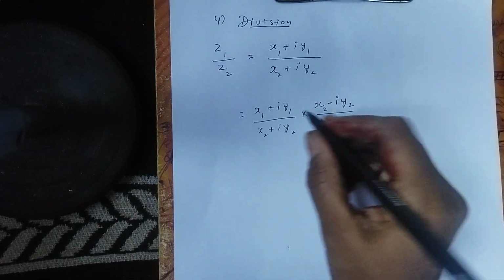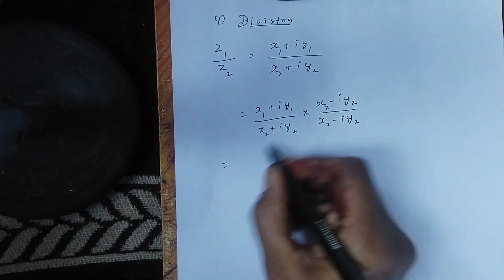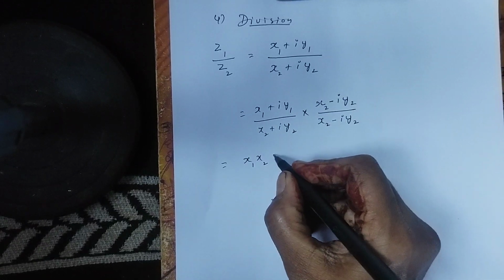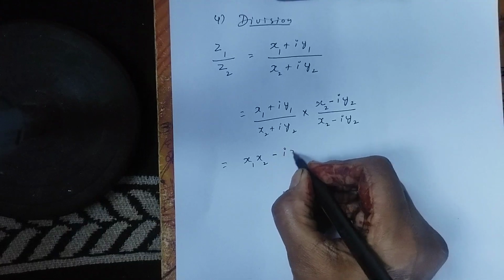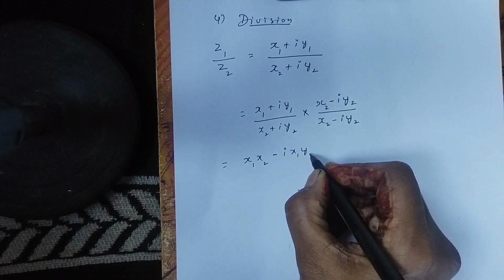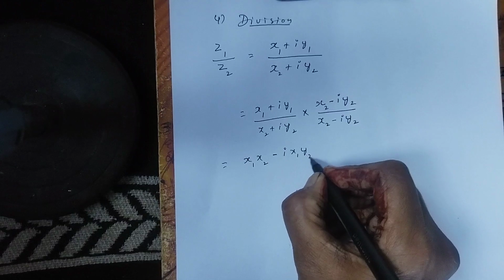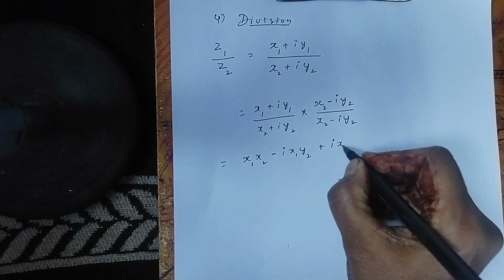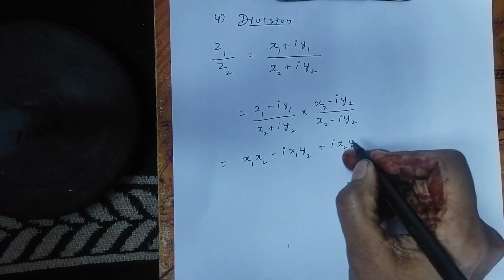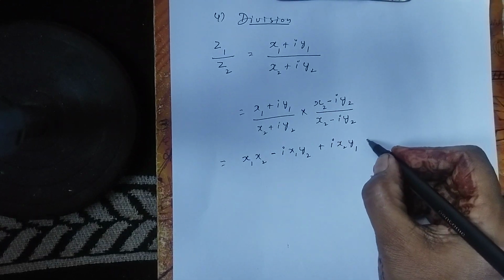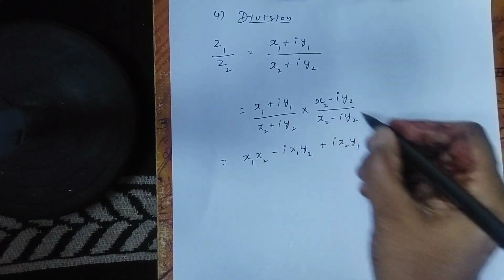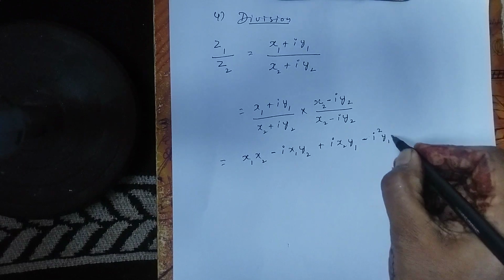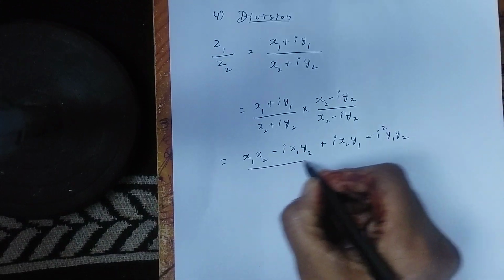Okay, now multiply: x1x2 - ix1y2 + ix2y1, and then plus into minus is minus, i into i is i², y1y2.